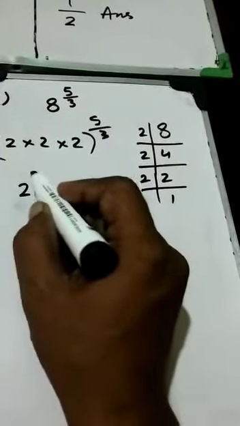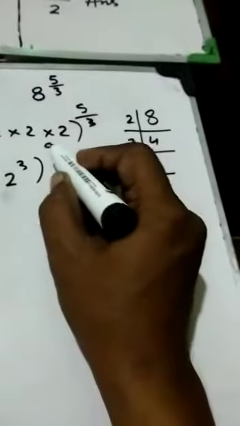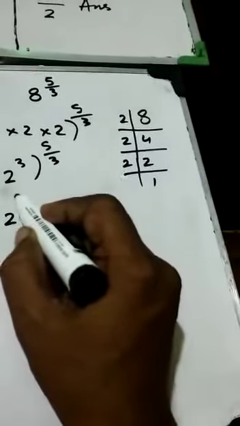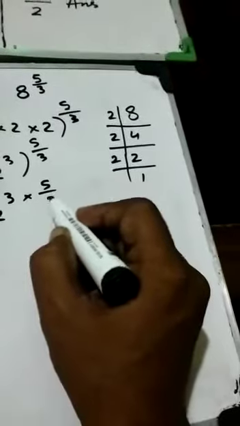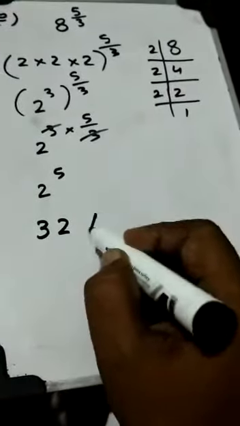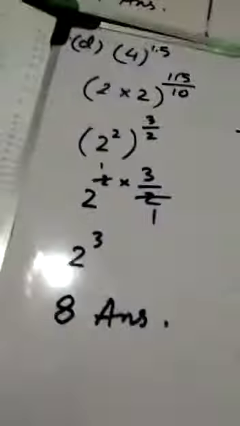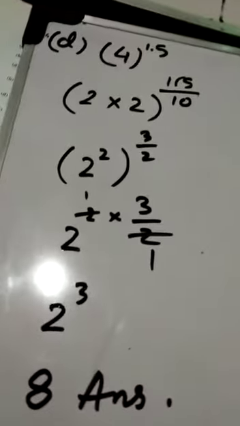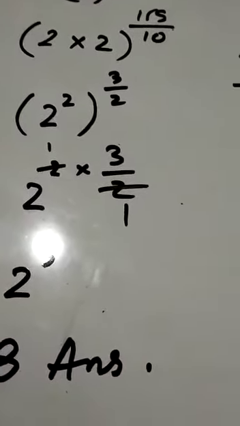Now 2 to the power 3 raised to 5 over 3 gives 2 to the power 5, and 2 to the power 5 is 32. You are not allowed to use a calculator, so you have to do this calculation directly. I think there is a negative sign here.